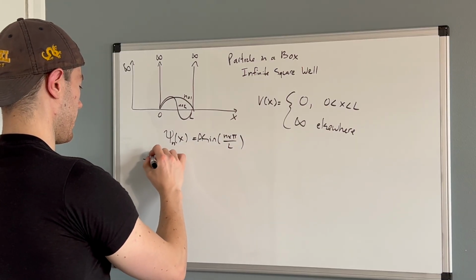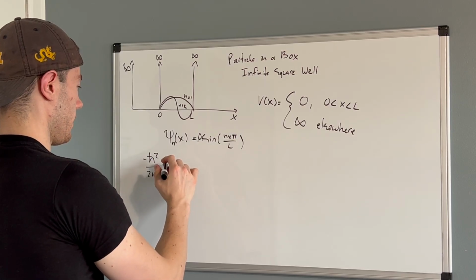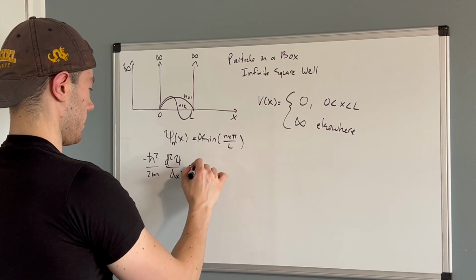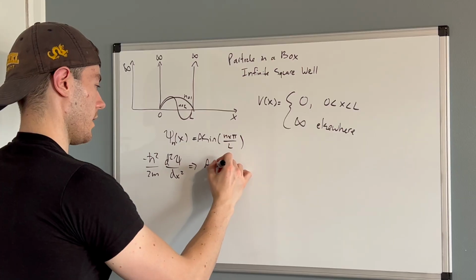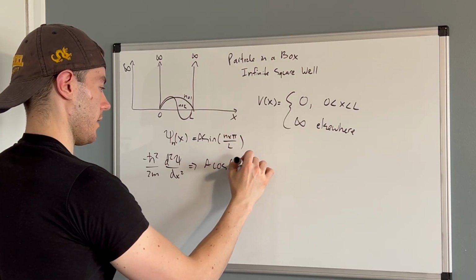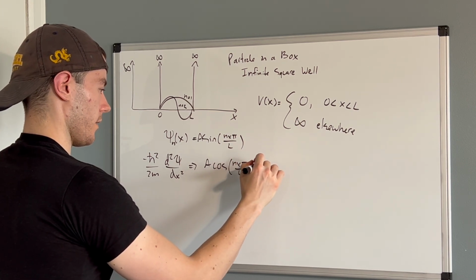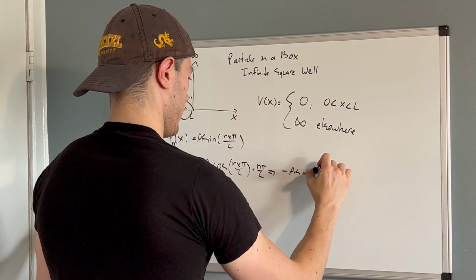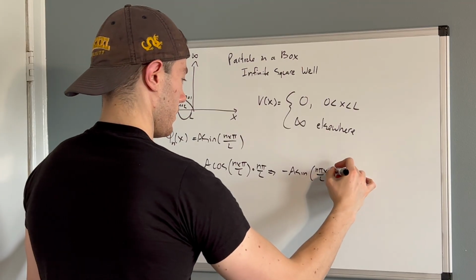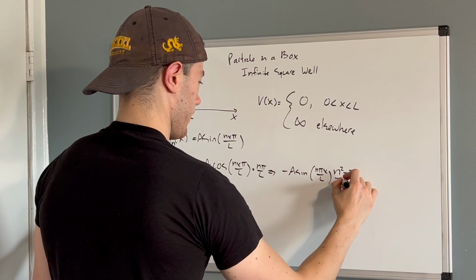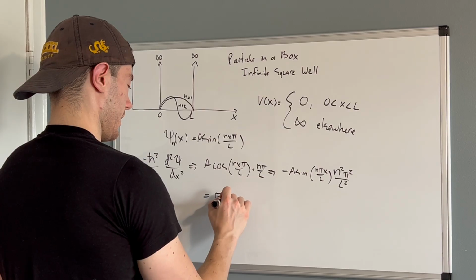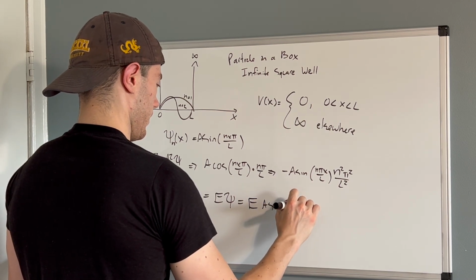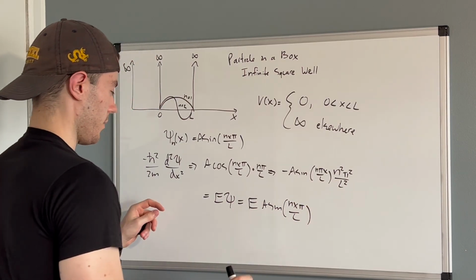How are we going to solve for E? Plug it back into the Schrodinger equation. The second derivative of psi with respect to x: the first derivative of this is A cosine n pi x over L times n pi over L, and the second derivative is minus A sine n pi x over L times another n pi over L. And that's equal to E times psi, which is E times A sine n pi x over L. What's the same on both sides?